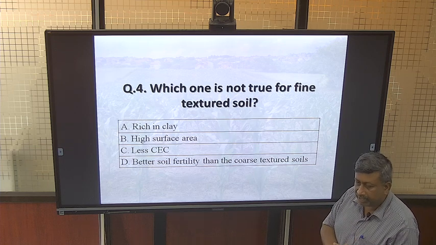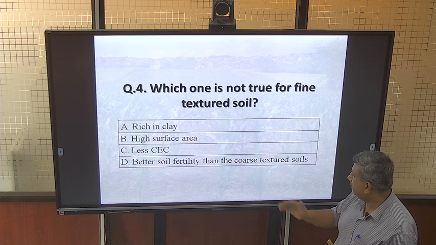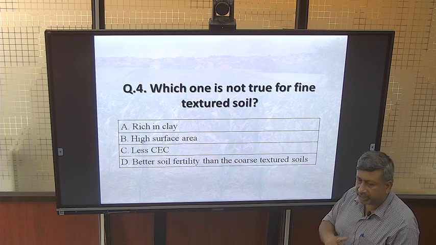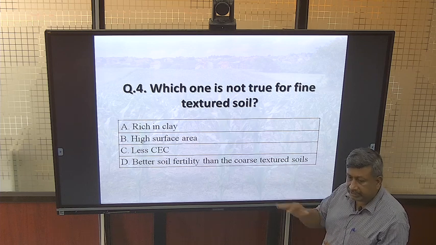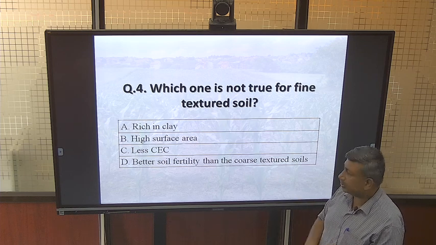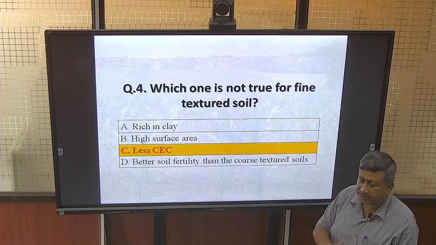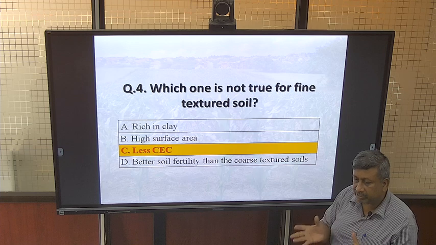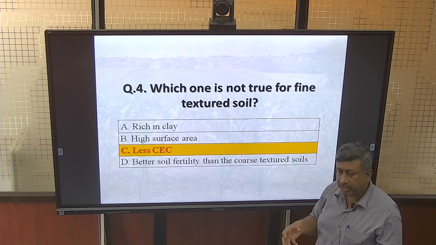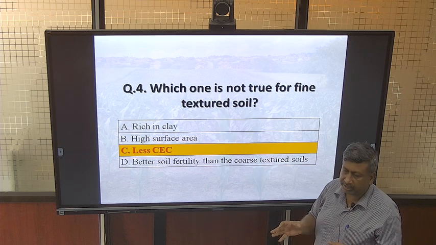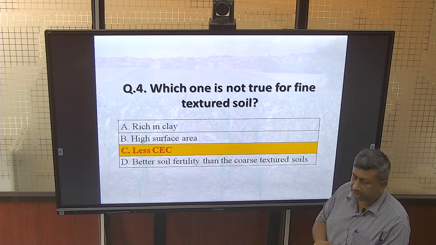Surface area is very high, and this high surface area retains more nutrients and contributes to fertility, and CEC is very high in fine textured soil. That is why the answer is less CEC. Because of high CEC and high surface area, fine textured soil retains more nutrients and contributes to soil fertility. This is the reason that fine textured soils are more fertile than coarse textured soils.